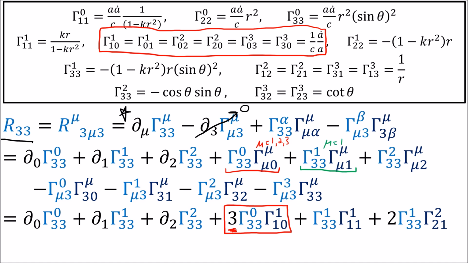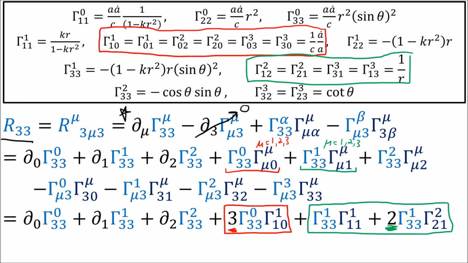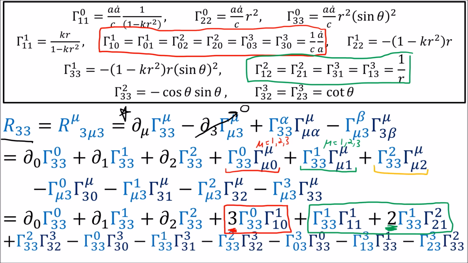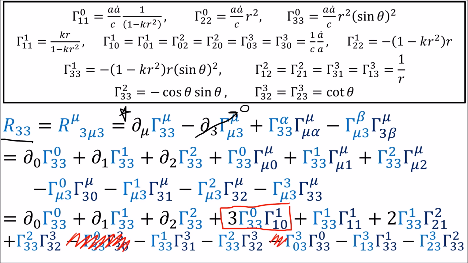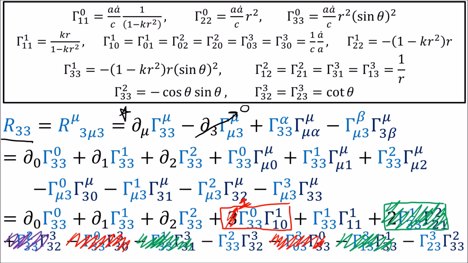And this mu expands over 1, 2, 3, but 2 and 3 are the same term, so I'll put a 2 in front. Each of these mu's are forced to be 3, and this mu expands to 0, 1, 2. This 3 cancels down to a 1, this 2 cancels with these 2, and this cancels with this.